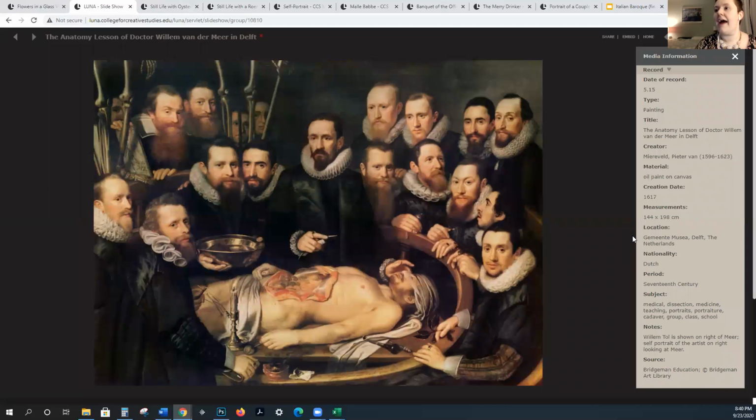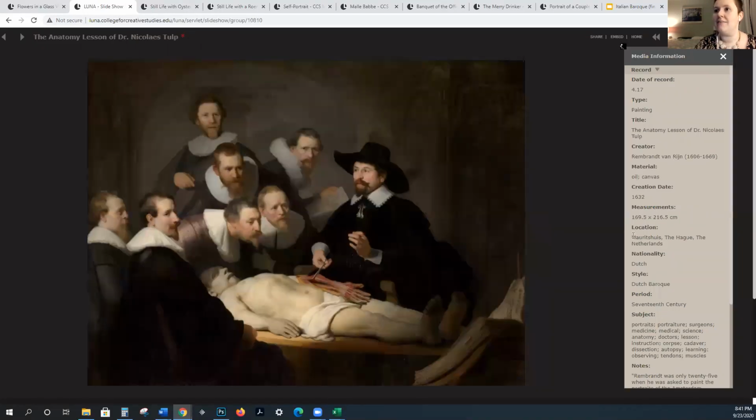And you can see how much more dynamic it is. You can see that we have the triangular composition, the pyramid, and the gazes direct our view throughout the work. We have some who look at us, but some who are looking at the book here or the body.